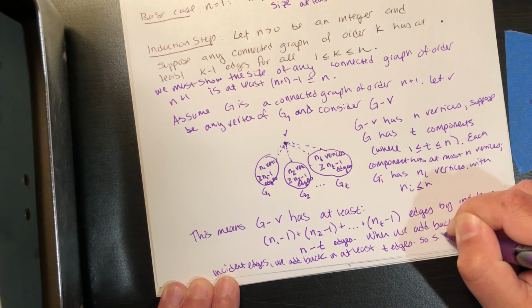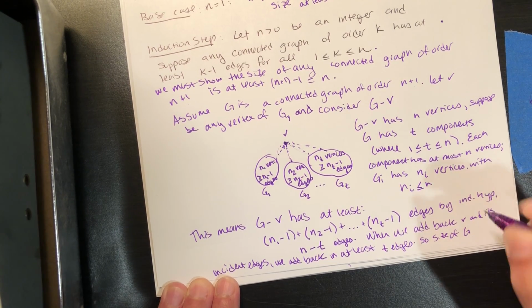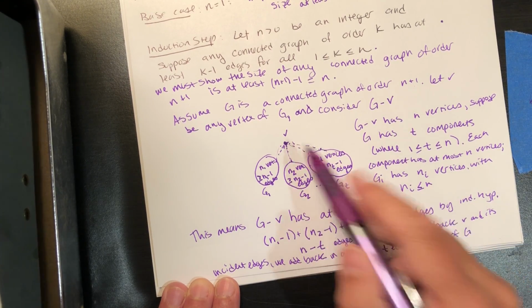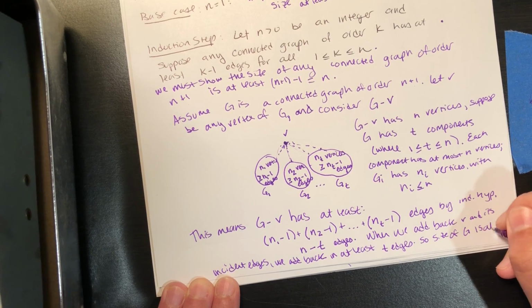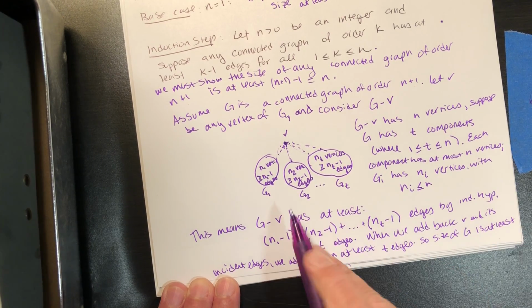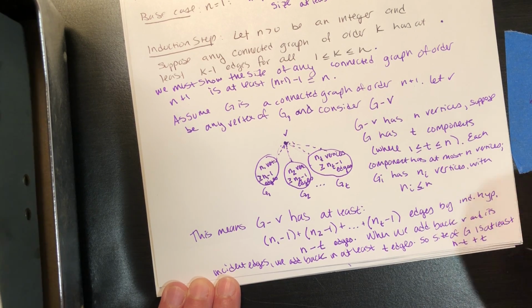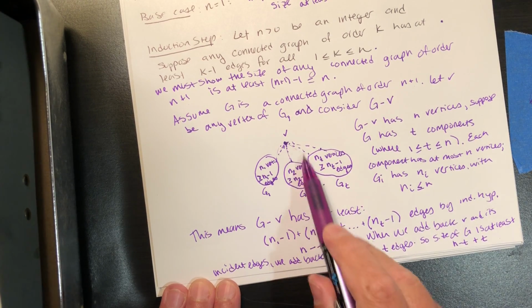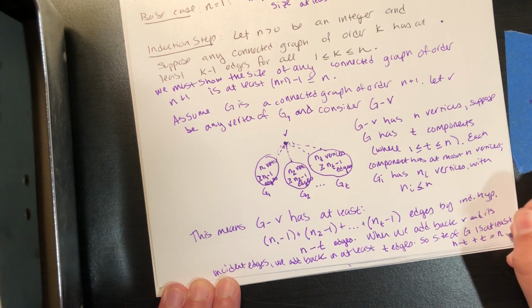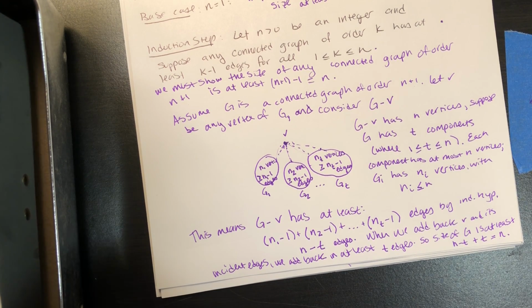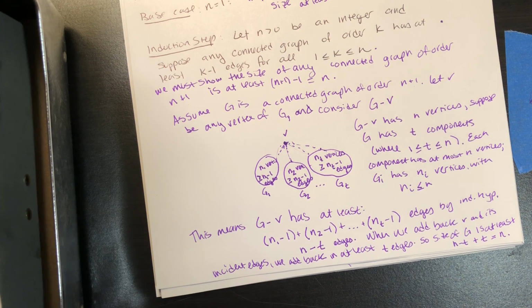So the size of the original graph G, where we add V back in, is going to be at least the size of G minus V, which was n minus t, plus t, right? Plus those t new edges that we've included back in, which is n. Well, I ran out of space, but this completes the induction step. And so by the principle of strong induction, we have that the size of every connected graph of order n is at least n minus 1.